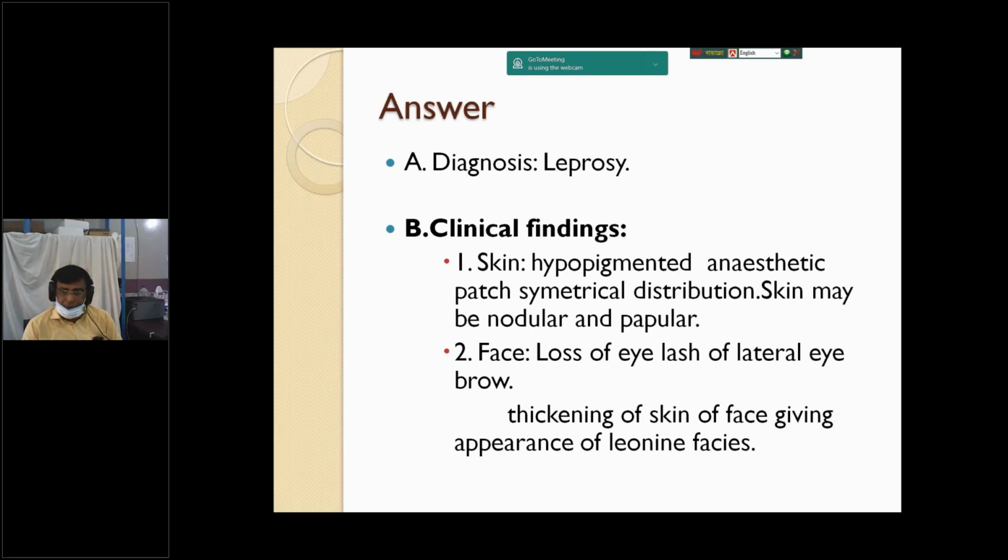The skin changes in leprosy are hypopigmented anesthetic patch, symmetrical distribution, and it is papular and maybe nodular also. And facial changes in leprosy are loss of eyelash and the lateral eyebrow, thickening of the skin of the face, giving the appearance of leonine facies.